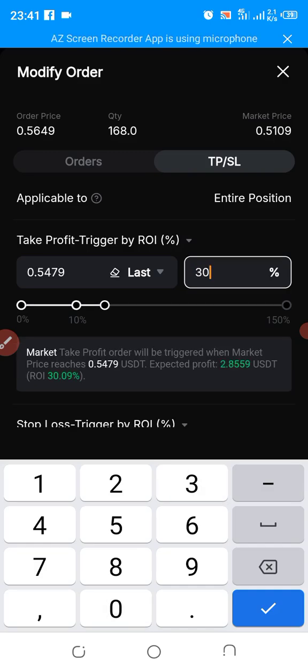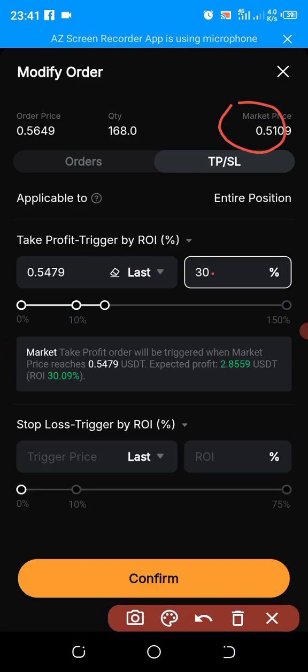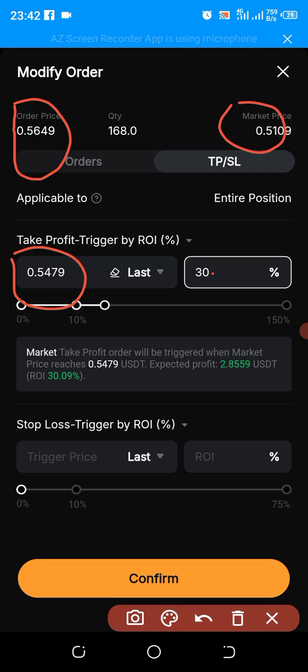You're going to see the price here. This is the price it will reach. When it is selling, the price is coming down. So this is the price that I want to trade now. When the price comes down and gets to this place, it will trigger for me. You can see 0.56 up, 0.54 down.